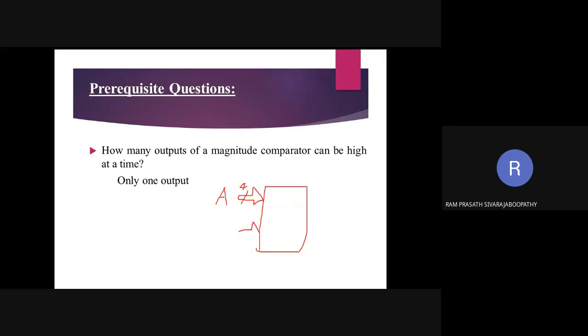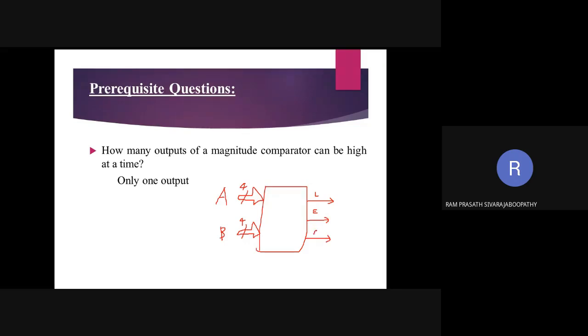Similarly, I have another data B, also a 4-bit input. Here we have 3 outputs: lesser, equal, and greater.